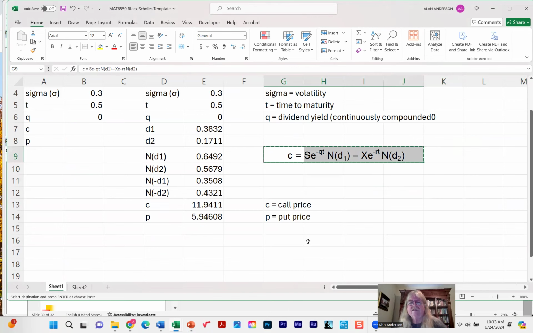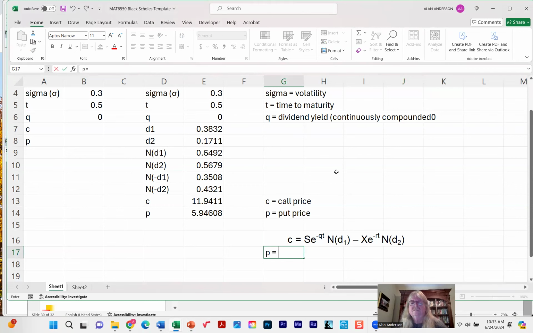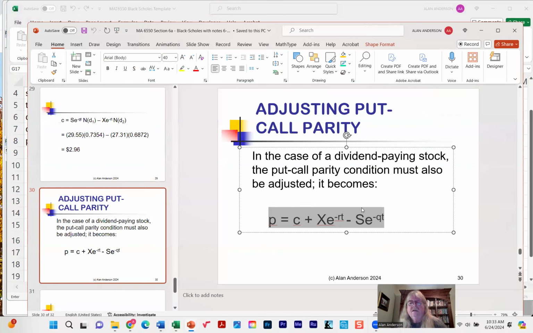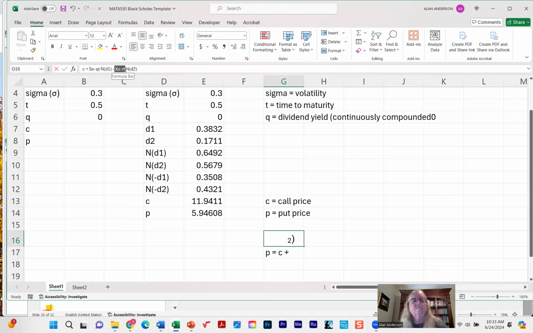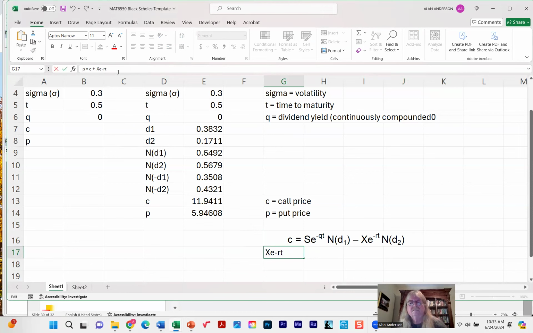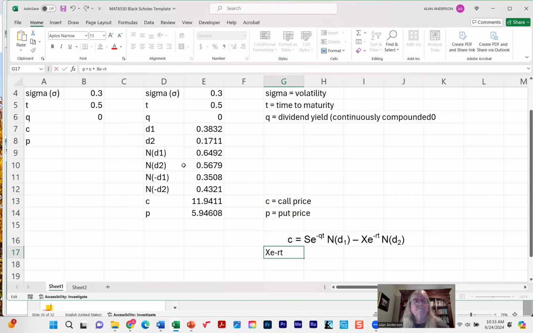All right, I'll move it down here. Oh, we also have minus S.